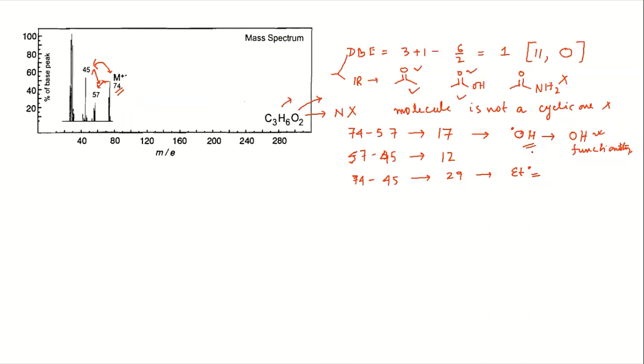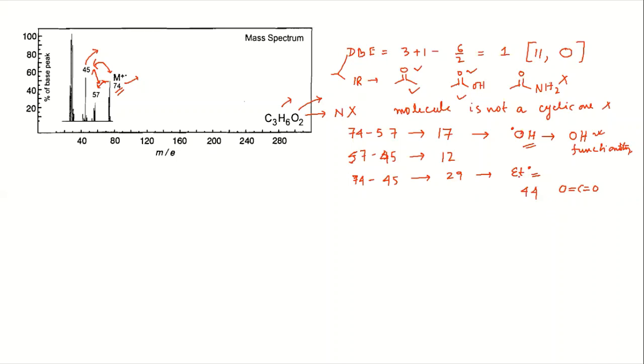Now, if you are a bit more interested, you can actually find out what these peaks stand for. So 74 is the molecular ion peak. 57 and 45, what are those peaks? You have 44, which is this neutral molecule, carbon dioxide.